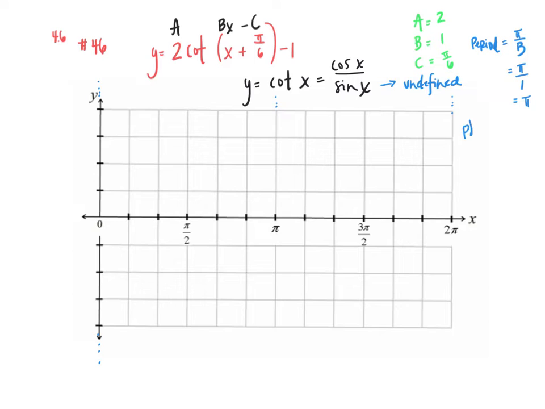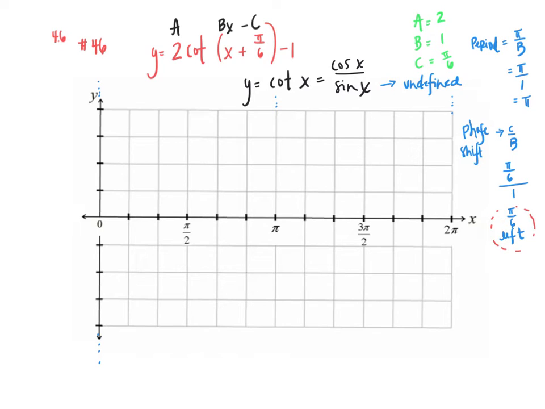But the phase shift, I am going to have a phase shift. So that's going to be C over B. And in this case, my C is pi over 6, and pi over 6 divided by 1 is still just pi over 6. And it's going to go to the left. Well, really, that's 30 degrees, right?